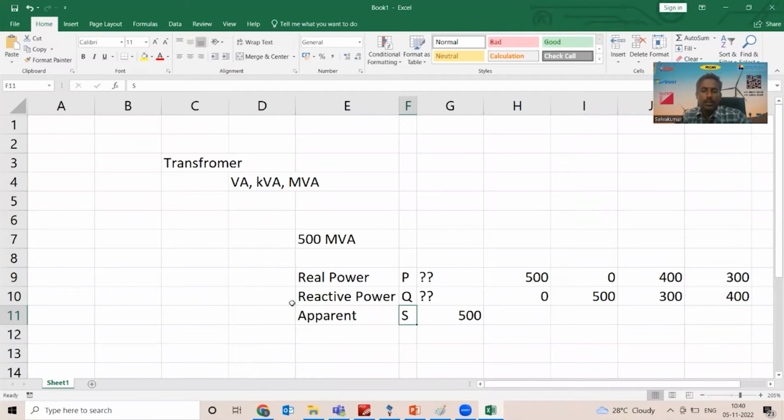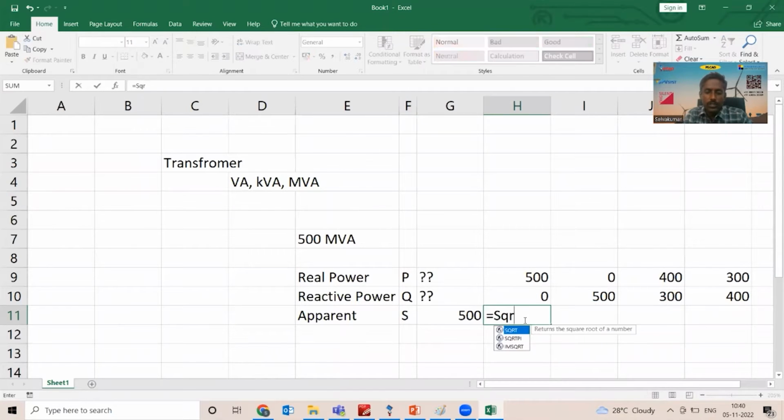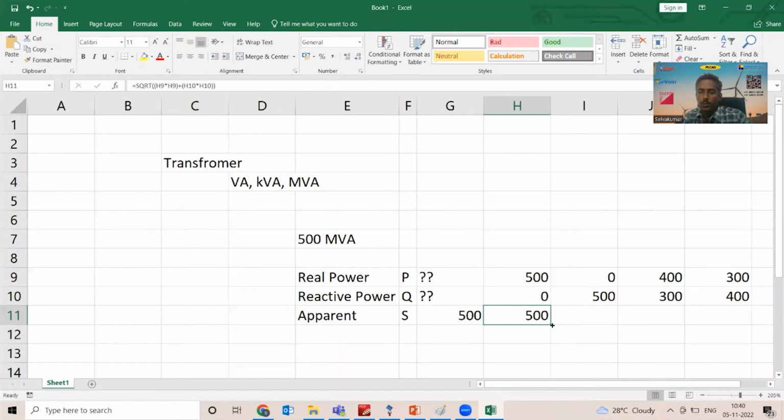You might be aware of the power triangle. Apparent power S is the square root of P square plus Q square. Whatever values you keep, as long as the square root of P square plus Q square meets the apparent power of 500, it's good to go.